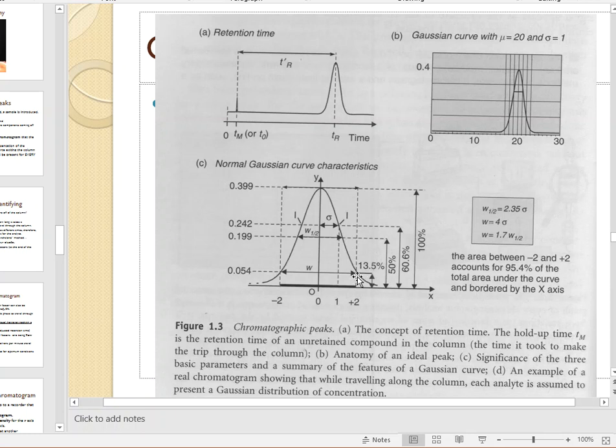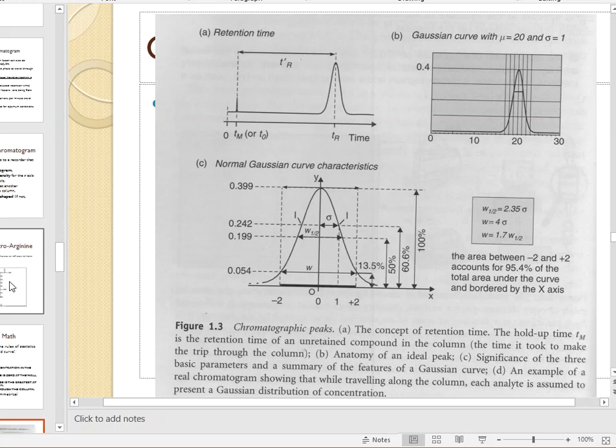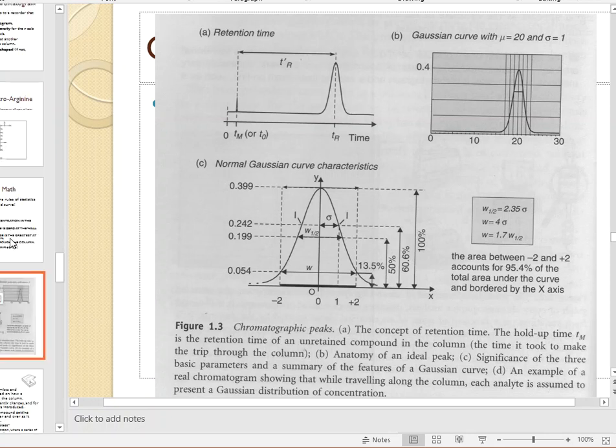We can go in and measure widths at the base, widths at half heights, a whole different number of things that we're not going to talk about. But I just need you comfortable with the idea that there are statistical parameters around the whole concept of having a Gaussian shaped peak. It's kind of important, and we want Gaussian shaped as much as we can.